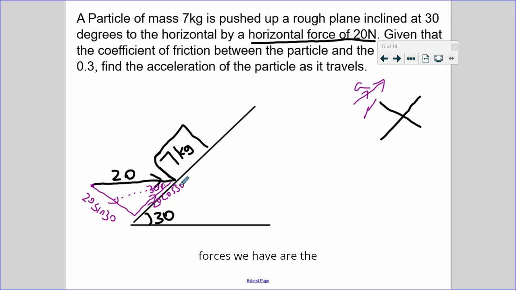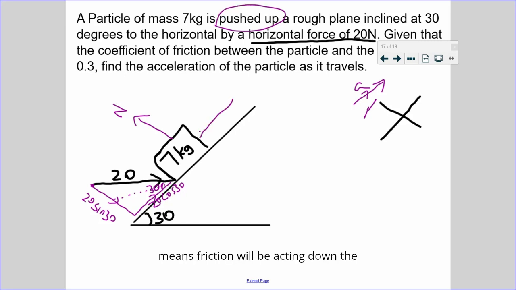The other forces we have are the normal reaction. The particle is being pushed up. That means friction will be acting down, the opposite direction. And the weight, mg, okay, weight is 70. Now, again, this is vertical.